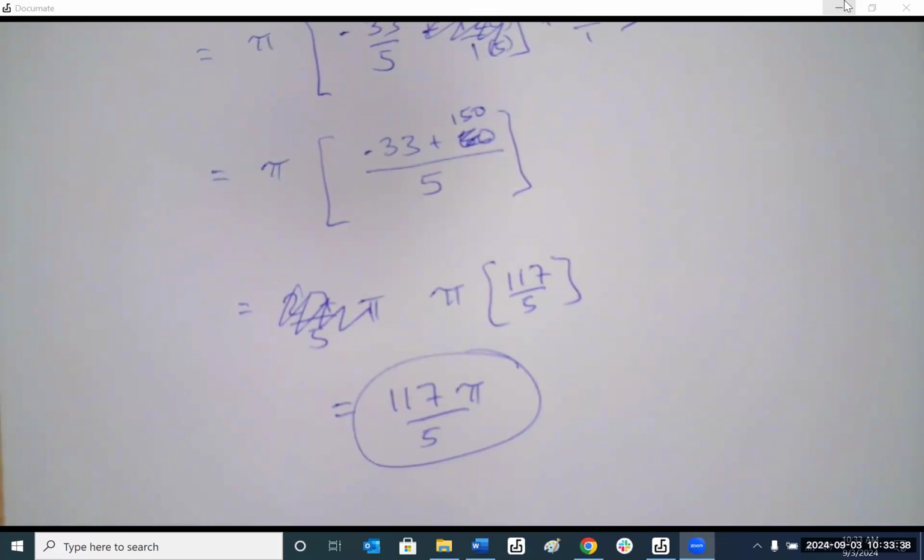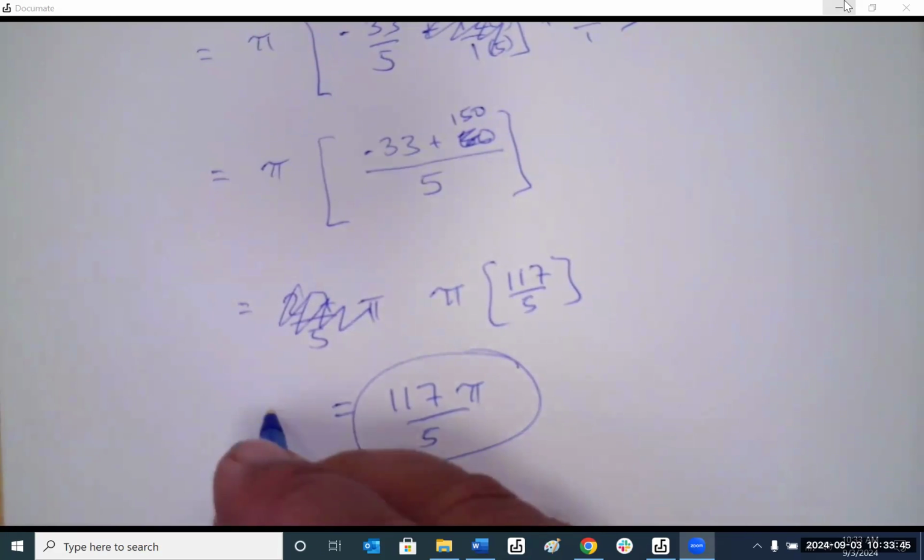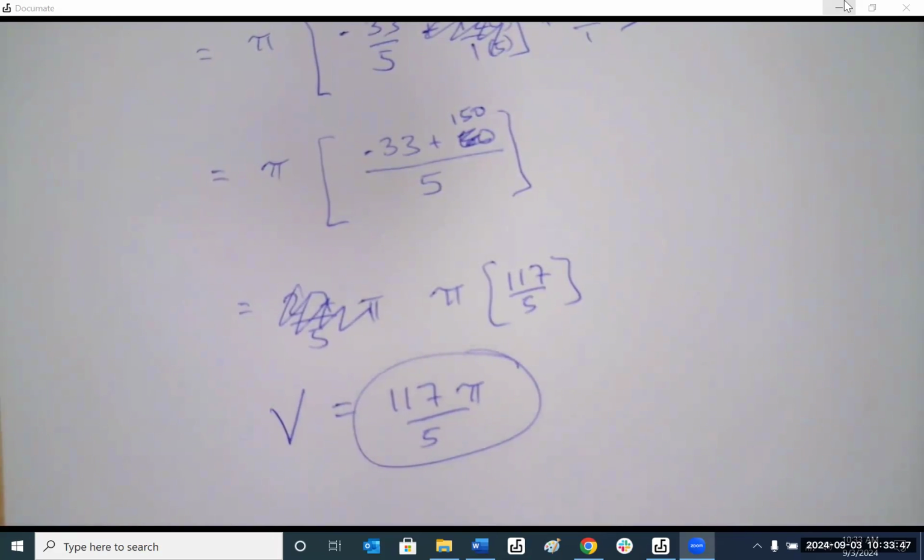I forgot to square the negative 2. And you all didn't catch that.